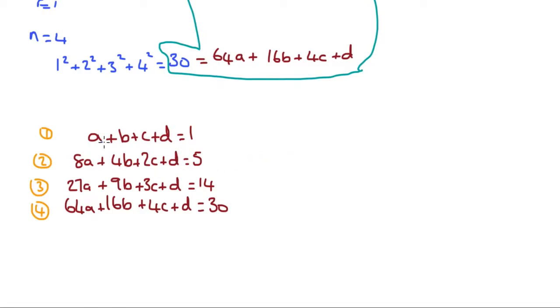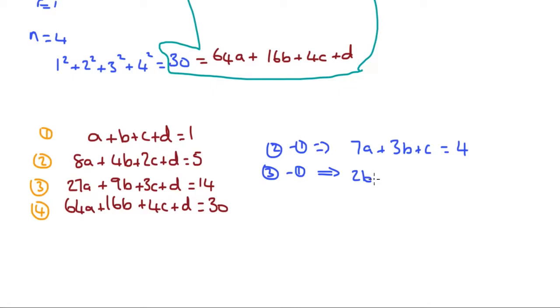If I do row 2 minus row 1, that's going to give me 7A plus 3B plus C is equal to 4. If I do row 3 take away row 1, I'll get 26A plus 8B plus 2C is 13.